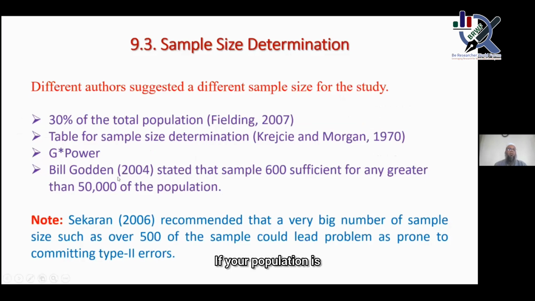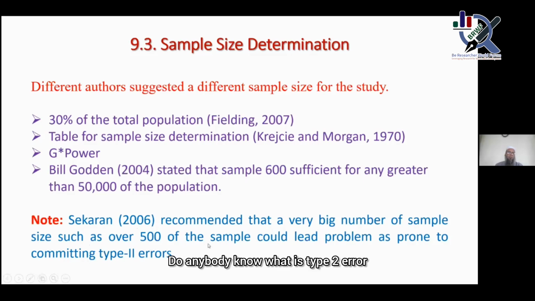If your population is more than 50,000, then in that case 600 will be sufficient. You should not go beyond 600. Okay. But according to Umasekaran 2006, a very big sample size, such as over 500, could lead to problems as it is prone to committing type 2 errors.